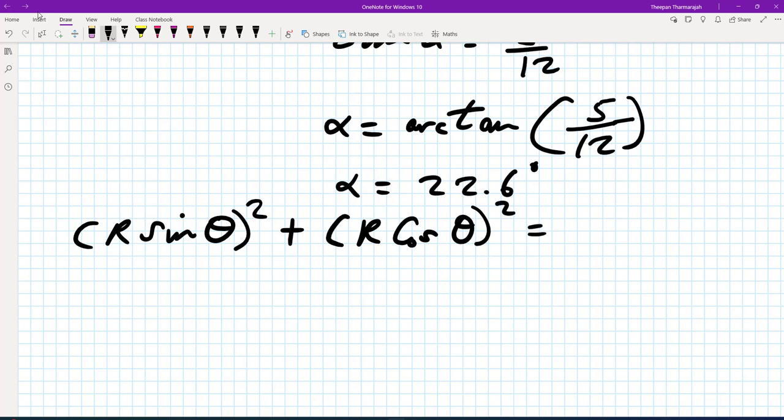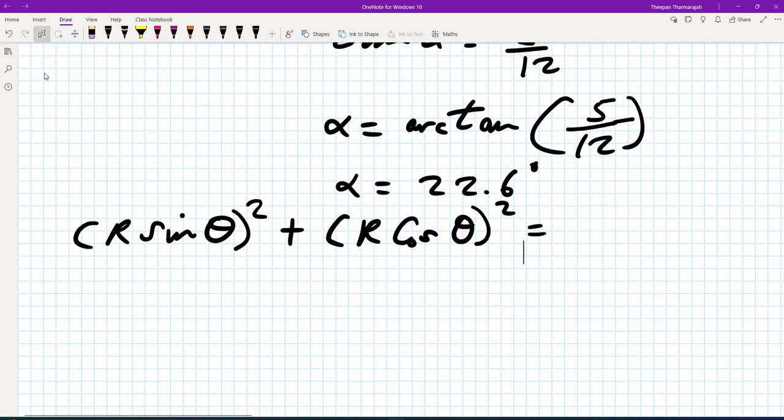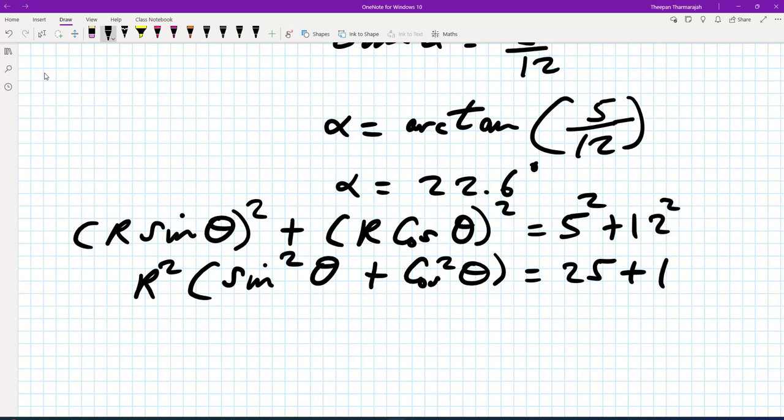That's going to be 5 squared plus 12 squared. So we get r squared, and I'm just going to do this in one step: r squared (sine squared theta plus cos squared theta) is going to be 25 plus 144.